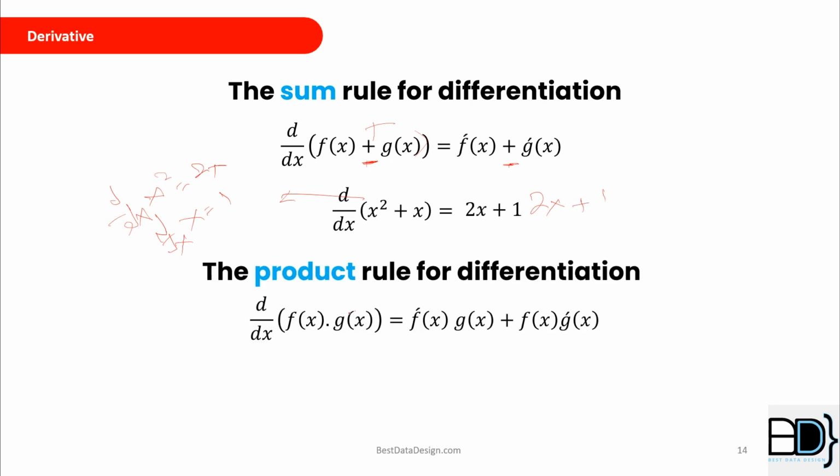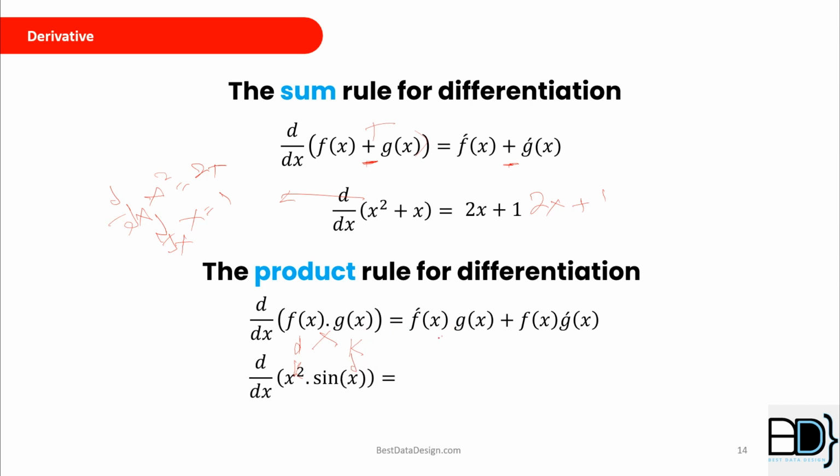The product rule: when there are two functions and there is a multiply sign, we calculate the derivative of the first one, keep the second one the same, and plus, keep the first one, do the derivative of the second one.